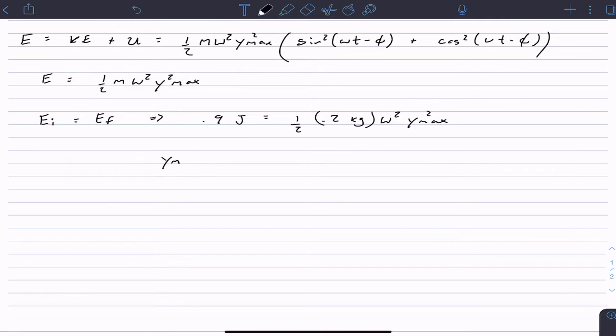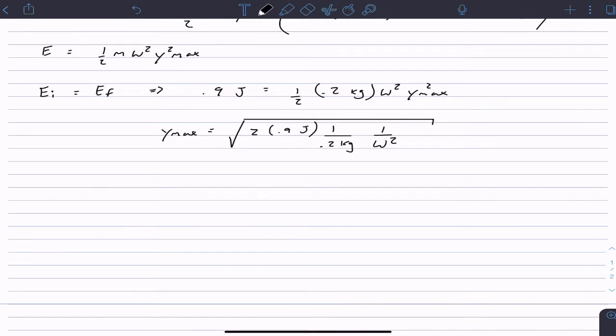I'll show you how to find omega in a second. So we're going to have 2 times 0.9 joules, times 1 over 0.2 kilograms, times 1 over omega squared, and this is all going to be under a square root. So now that's what we're looking for.